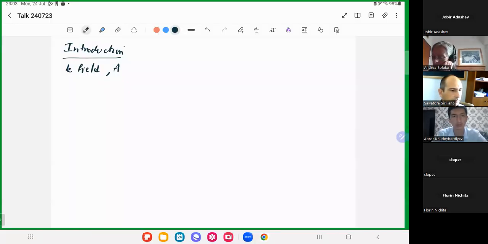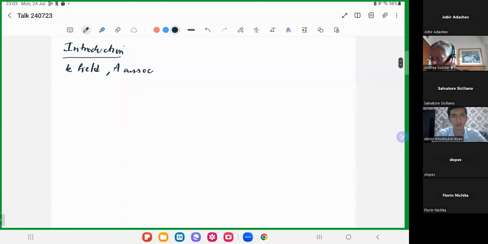So I was saying that K is going to be a field, A an associative K-algebra, and suppose that you have M, which is an A-bimodule.